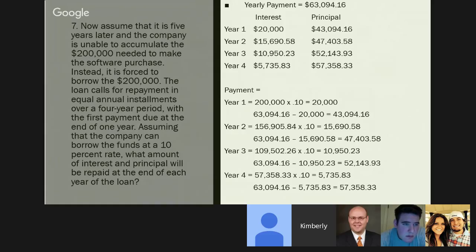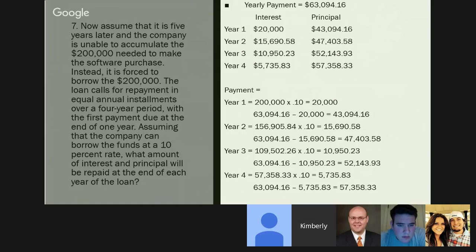So the yearly payment is going to be $63,094.16. So in the first year, you're going to be paying $20,000 in interest with the principal of $43,094.16, and this is calculated by multiplying the interest rate to the loan amount, which gives you the $20,000, and that's subtracted from the yearly payment to get your principal.